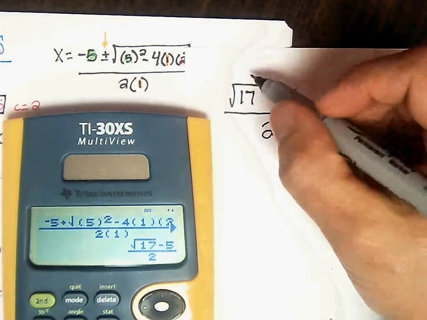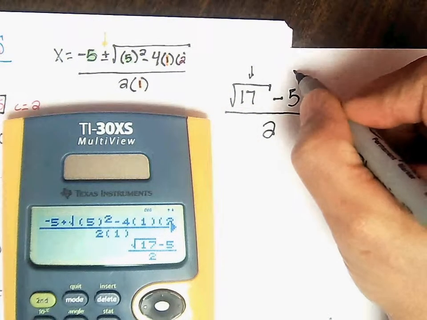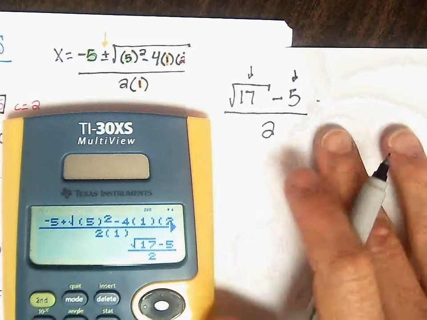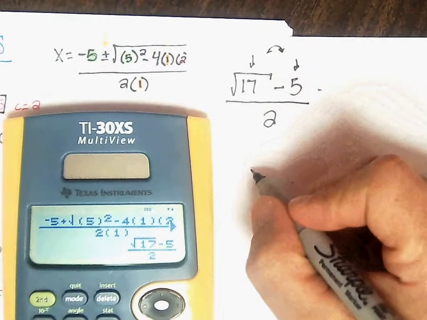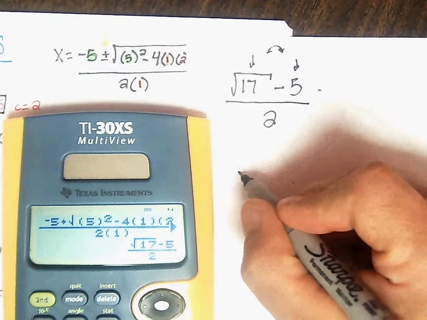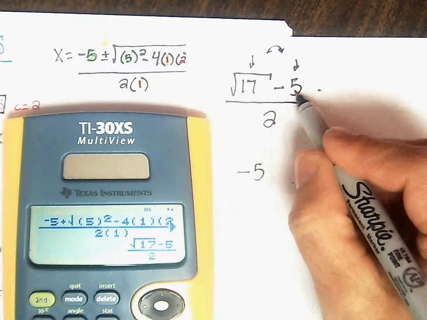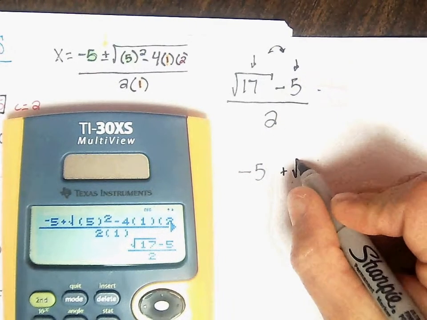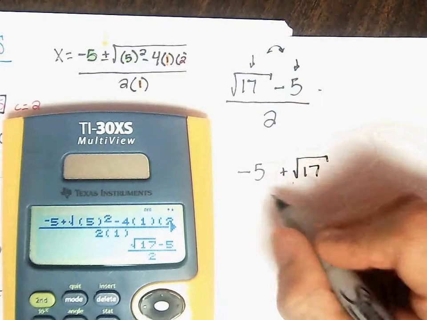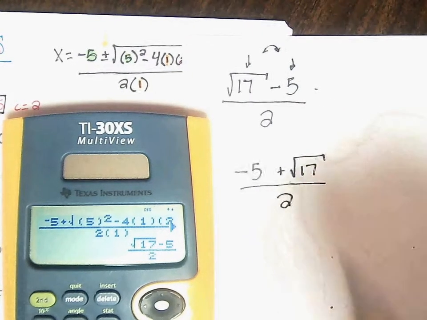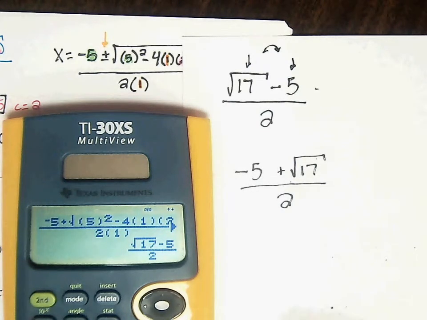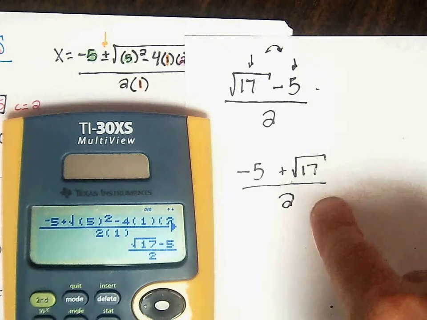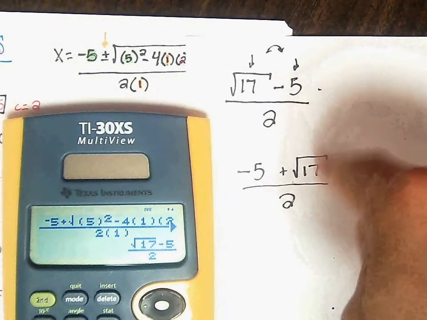So instead of the square root coming first and the minus 5 coming second, we're going to switch those around because it doesn't matter. But I'm going to write my answers like this. I'm going to write my minus 5 first, and then my square root of 17 second. I'm going to write it like that. Okay? So from here on out, you'll see my answers look like this, but the answers your calculator gives you look like this. They're the same thing.